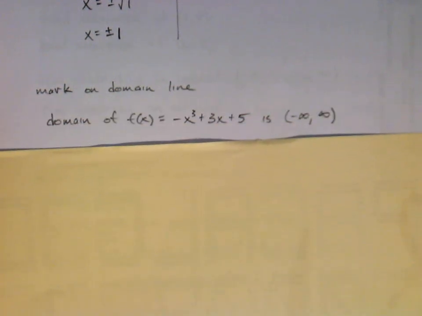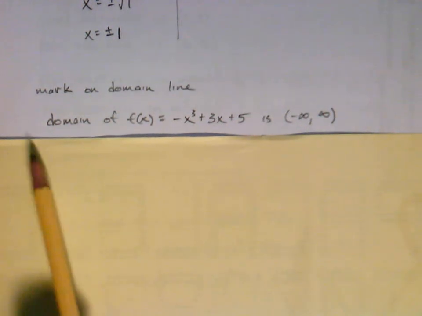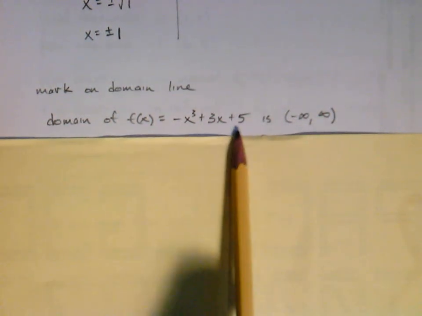The next step was it said to mark these on a domain line. So we want to note the domain of our function. Our original function was f of x equals negative x to the third plus 3x plus 5. And we can realize the domain of that is everything, right? There's no values of x that give us any problems there.